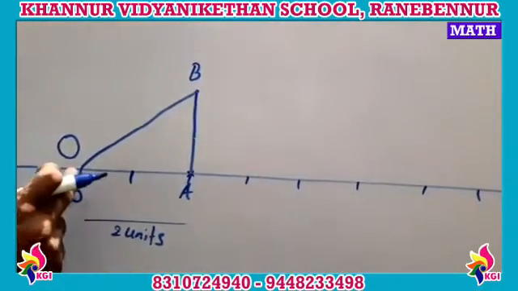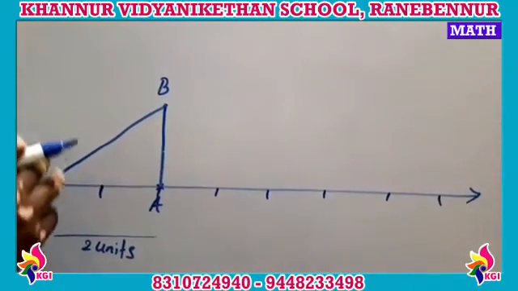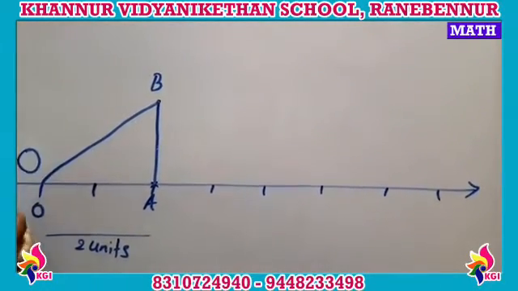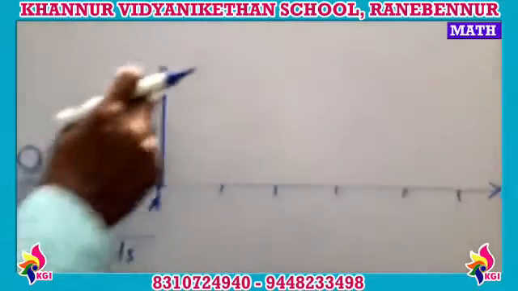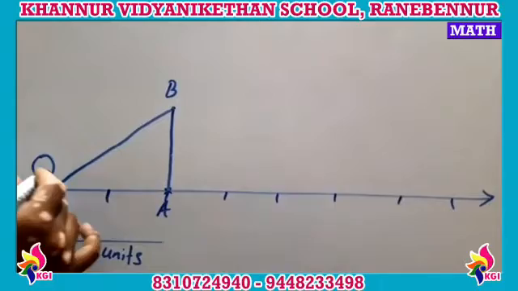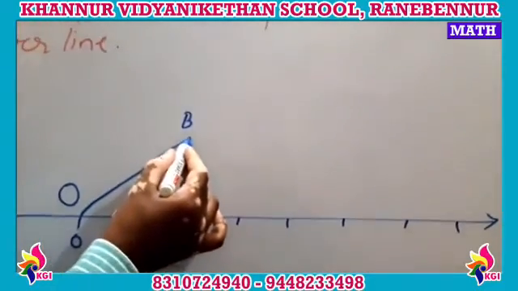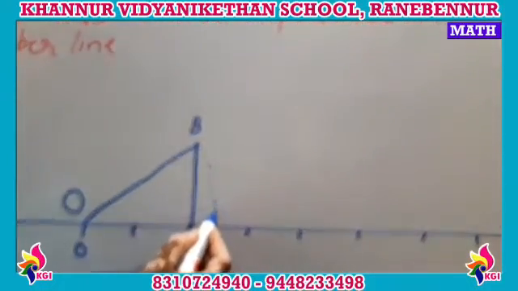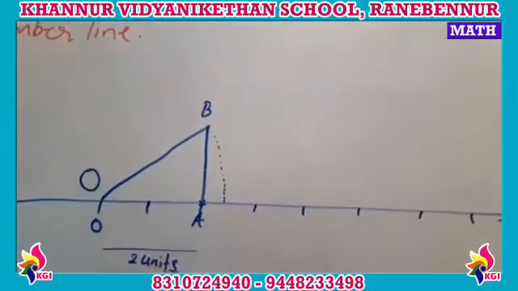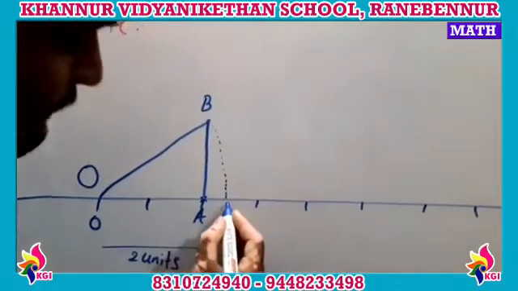Now this is one unit of length, correct? After this you take your compass and make sure that O to B is the radius. If you take the radius O to B and trace the circumference, it will come and touch over here. This you take as the C point.